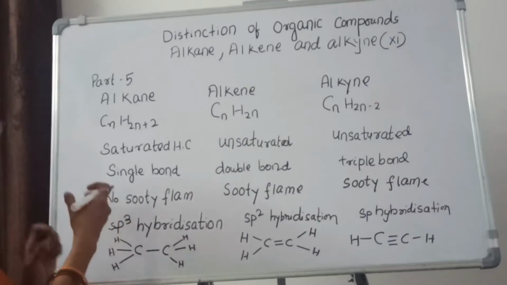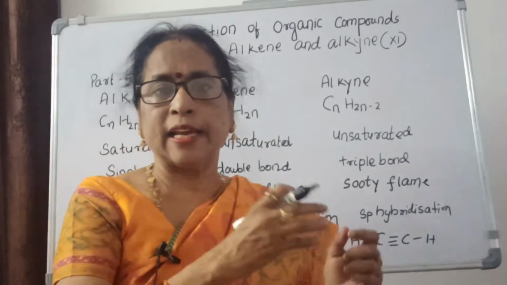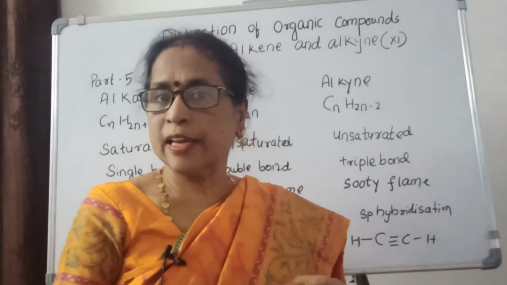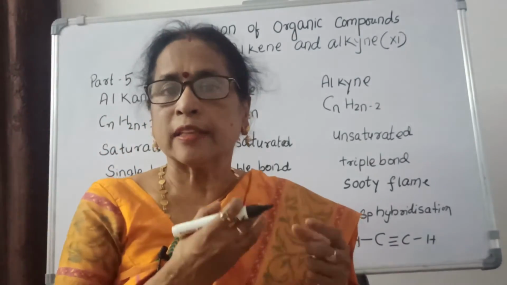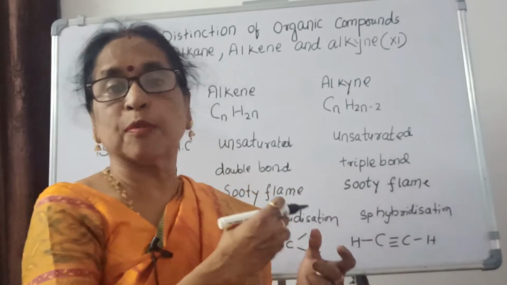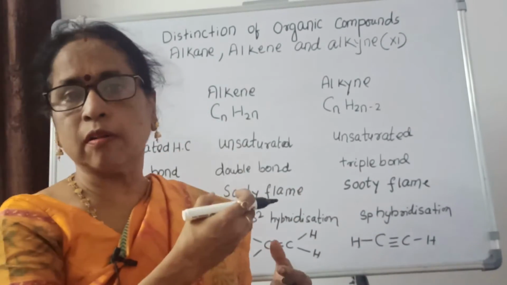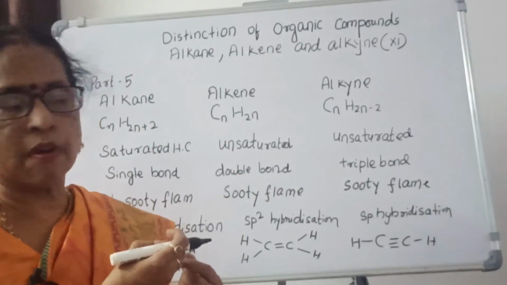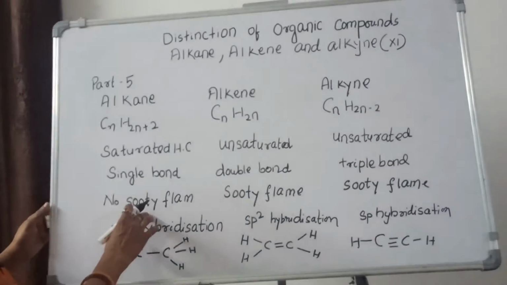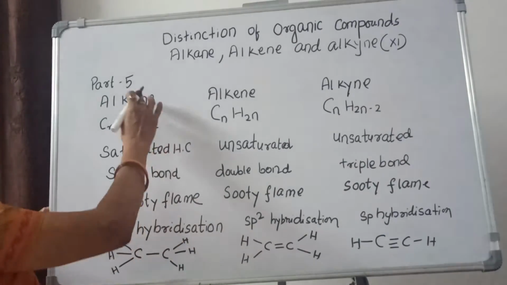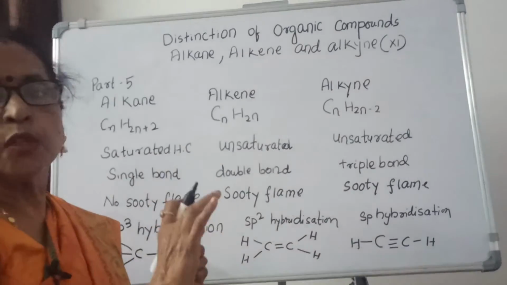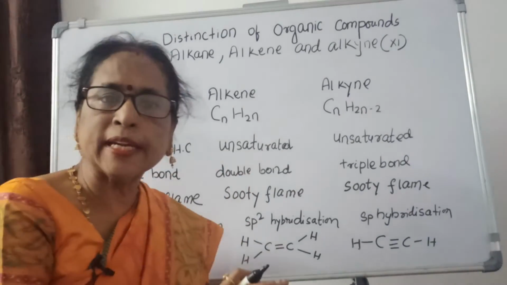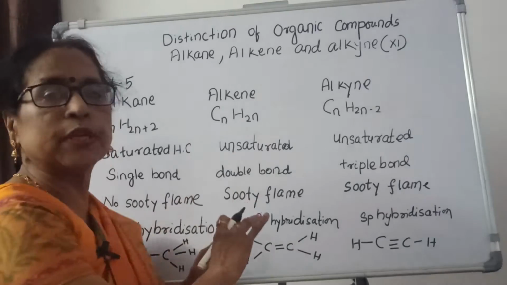Now if you burn alkane, alkene and alkyne, they give different types of flame. One is called sooty flame, that means unburned carbon particles are evolved, that means black smoke. Alkane is a saturated hydrocarbon, so it burns completely and there is no sooty flame.